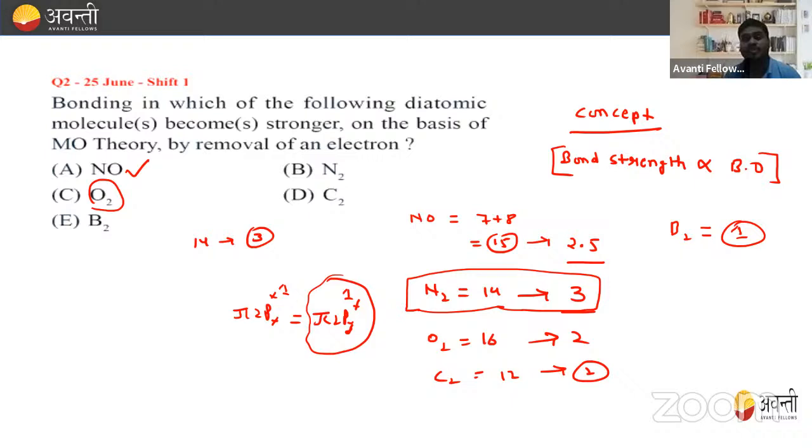That is O2, because its electrons are present in an anti-bonding molecular orbital, and removing one increases stability. If you remove 2 electrons of O2, the bond order becomes 3.